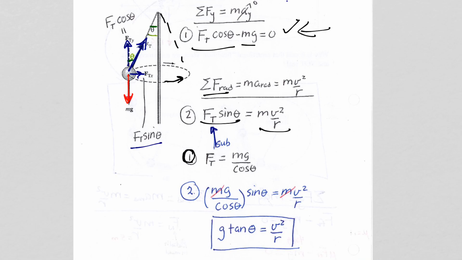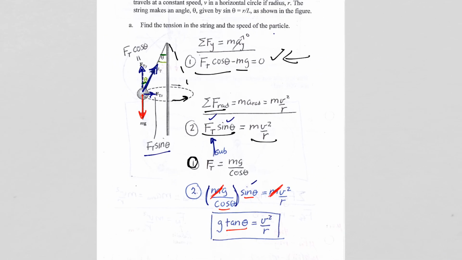So we get mg on cosine theta in for T, times sine theta, equals mv squared on r, and look at this. The m's cancel out. Sine on cosine, if you remember from trig, is tangent. So we get g tan theta equals v squared on r.